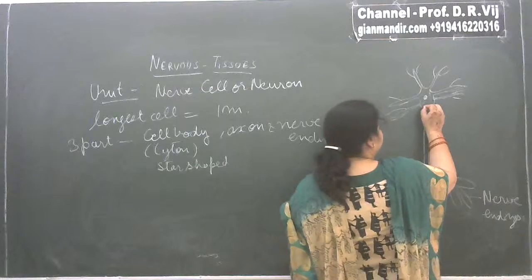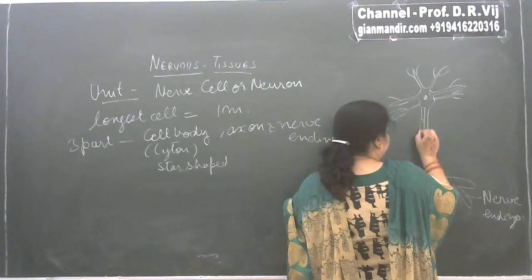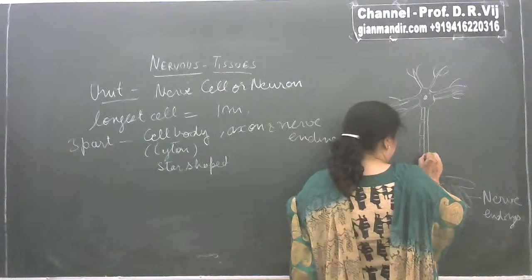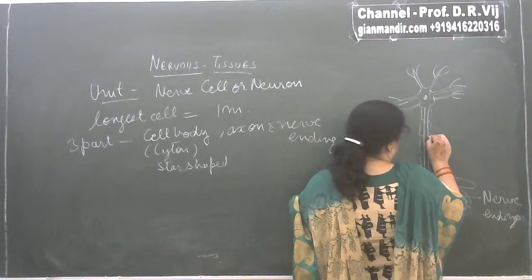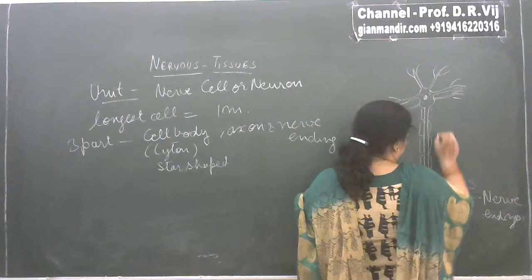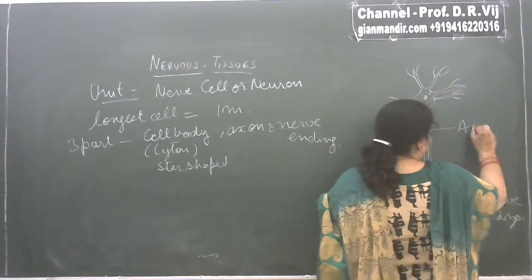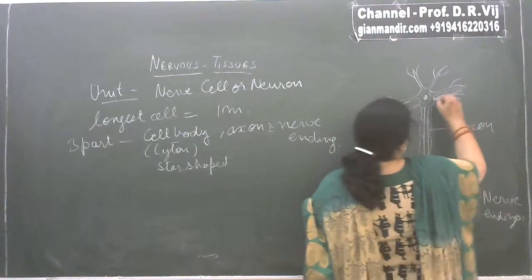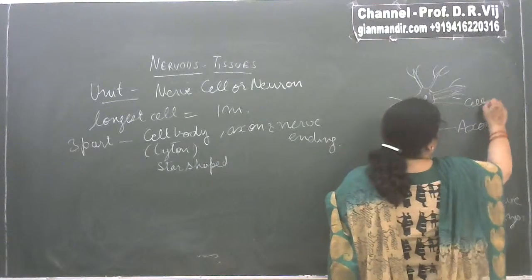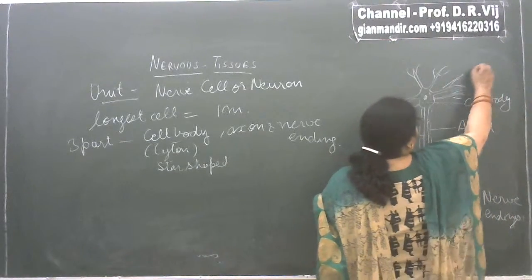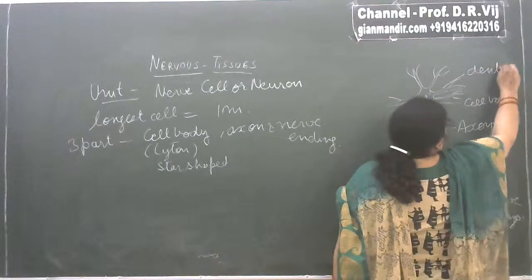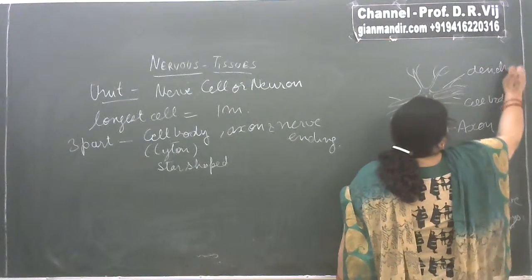And this axon is further covered with a sheath. So this long structure is the axon. Here it is the cell body or cyton, and here we have the dendrites.